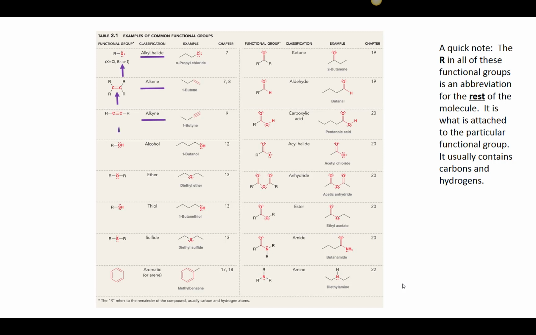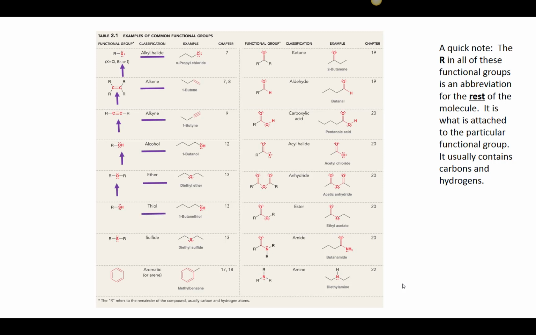Alkynes contain a carbon-carbon triple bond. An alcohol contains carbons and hydrogens bonded only to an OH. There are other functional groups that have OHs in them, but this is the only one that's in there. We have an ether. An ether is where we have an oxygen in the middle of two carbons.